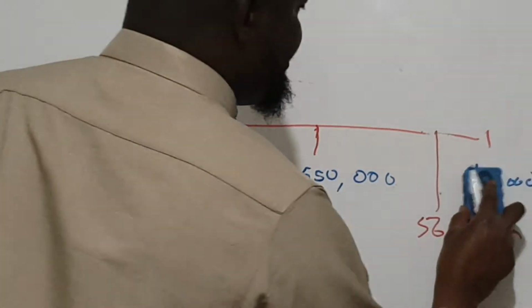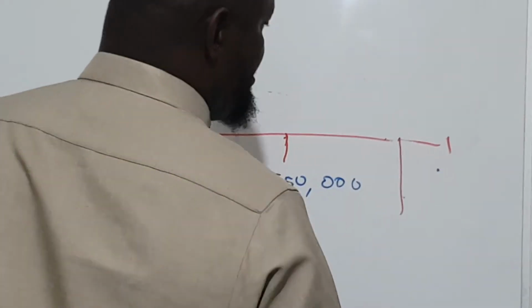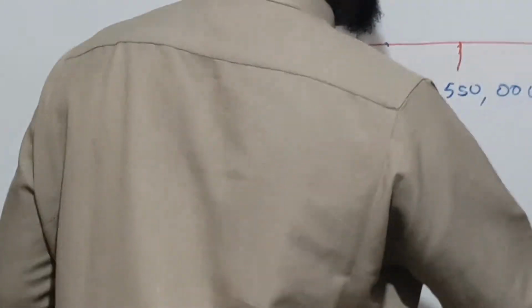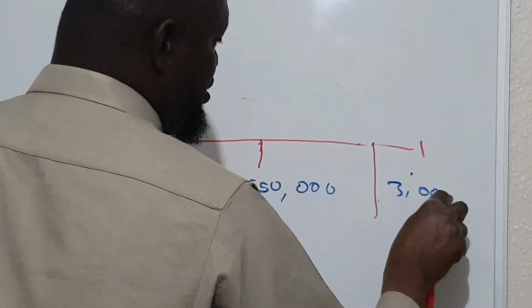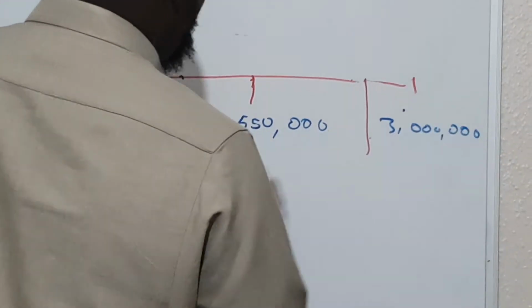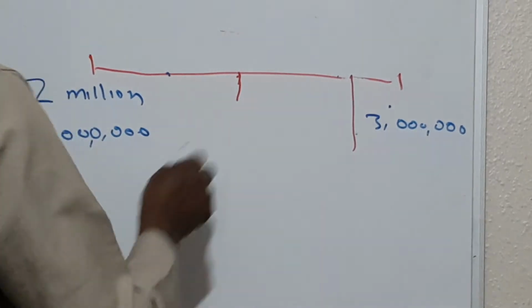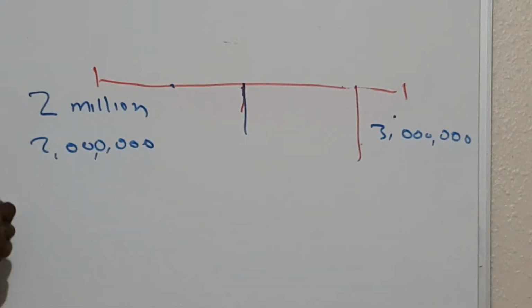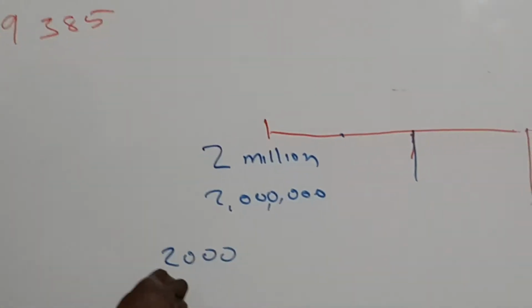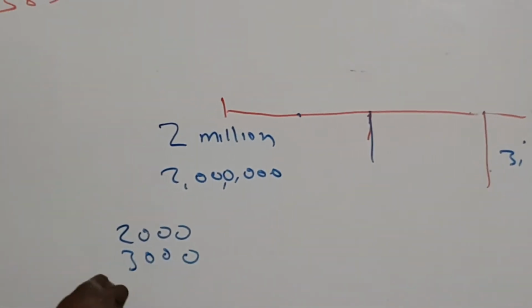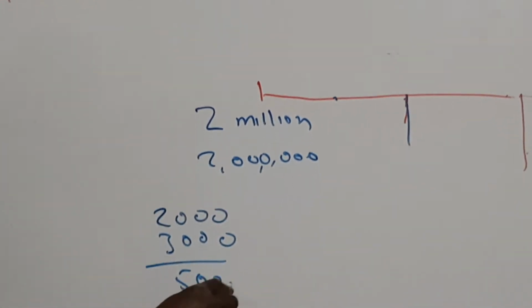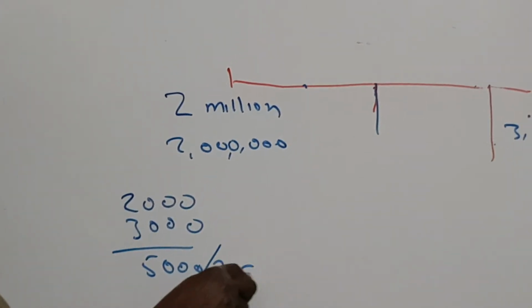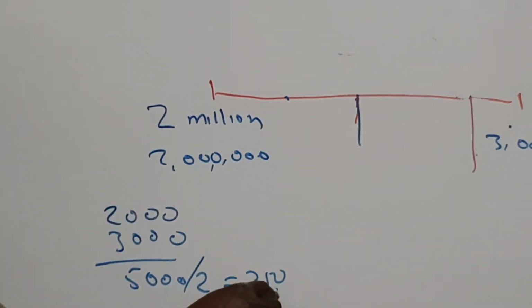So the middle is, what is the next million? 3 million, okay? Now what is the middle one? 2,500,000. Same thing, if you don't know, 2.5 million. 5 in it. Divide by 2 become 250.